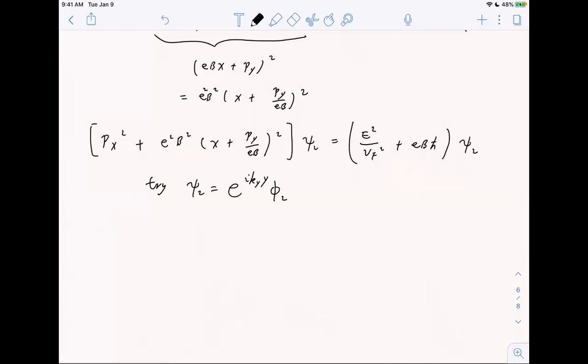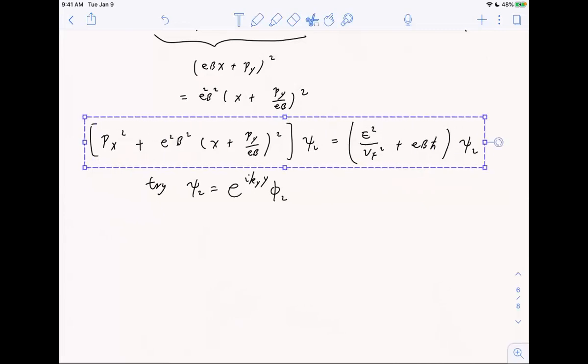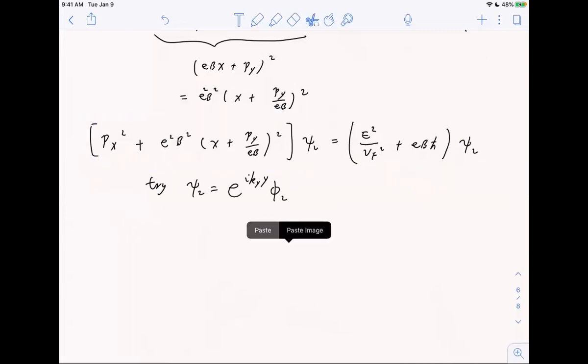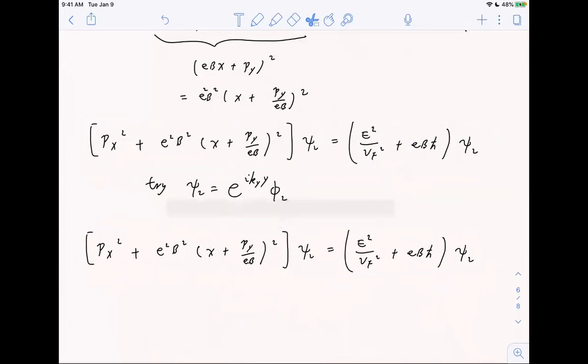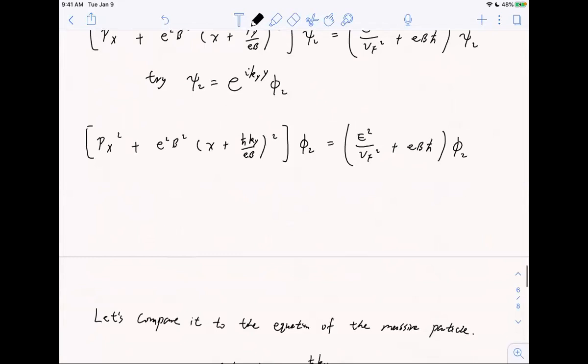Okay, so with this, then this equation will become, then this one will become h bar k_y, and you have this.